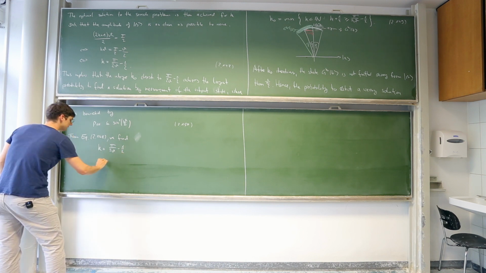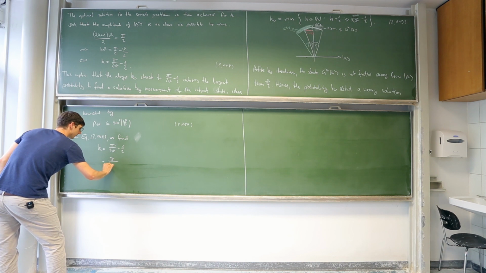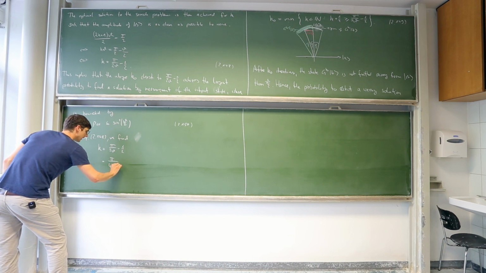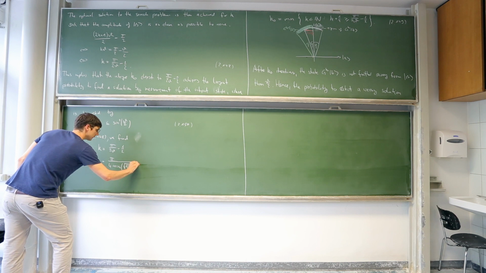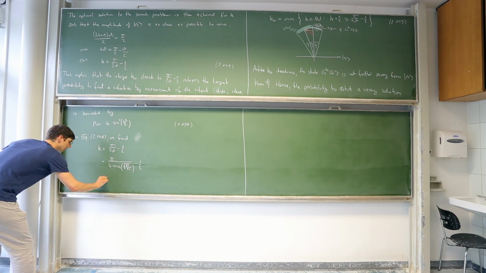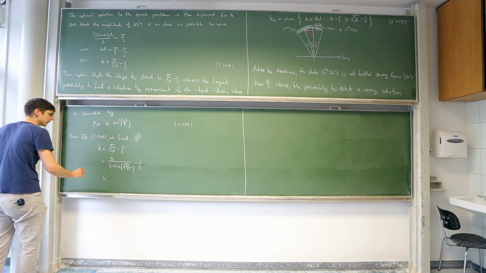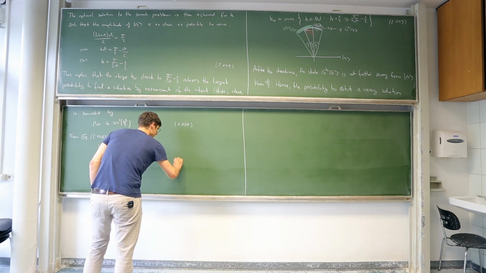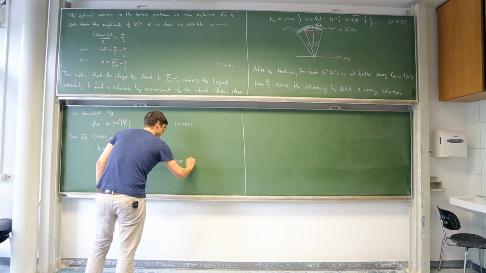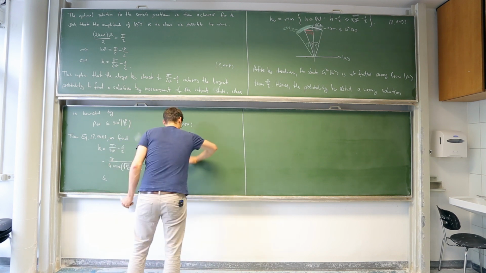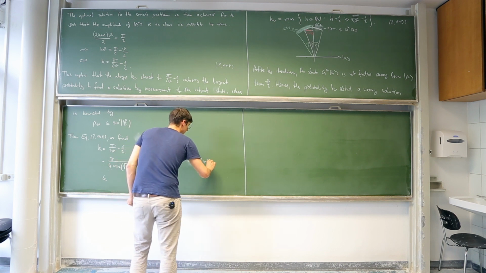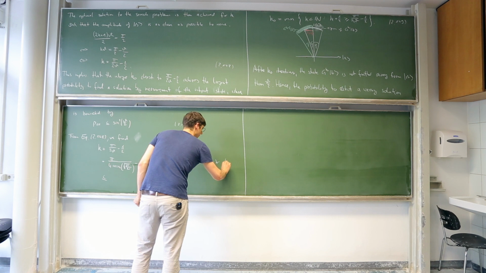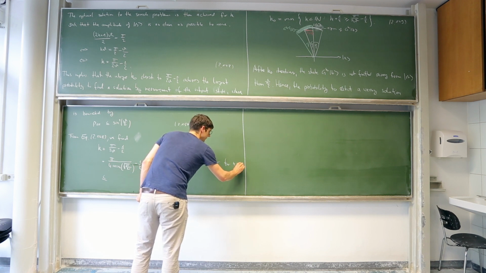And now we insert for theta, we had 2 times the arccosine of the square root of m divided by n, minus 1/2. Okay, and this we can now approximate using that the arccosine of x is greater or equal to x for x greater equal 0.